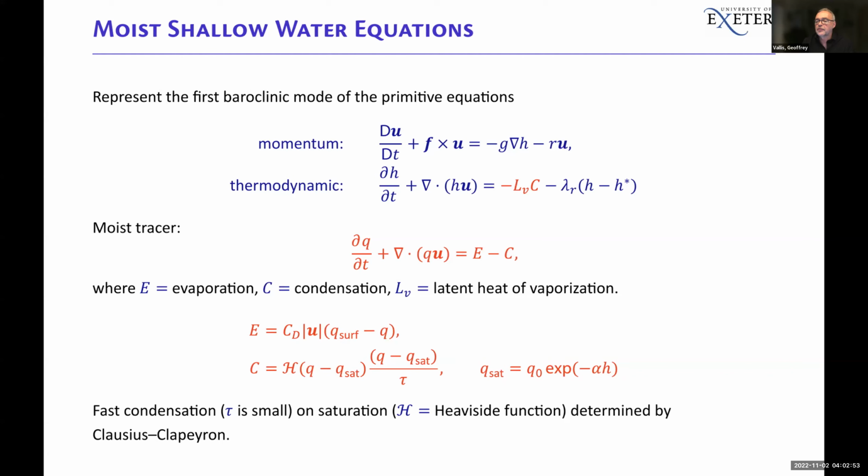It's bouncing up and down quite a bit and it's not exactly conserved, but it is statistically steady. Without this condensational term, the whole thing would die out eventually. If you switch that off, it would run down.